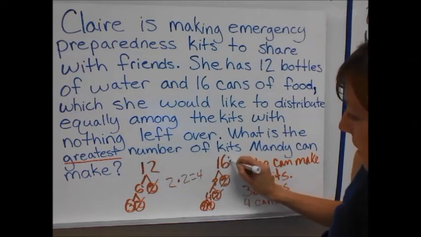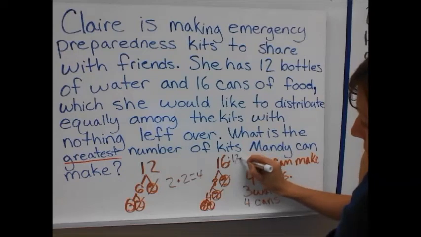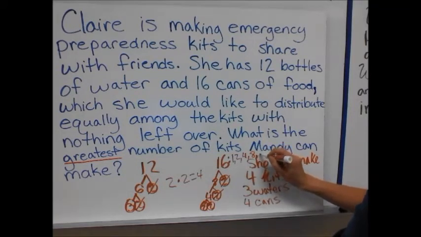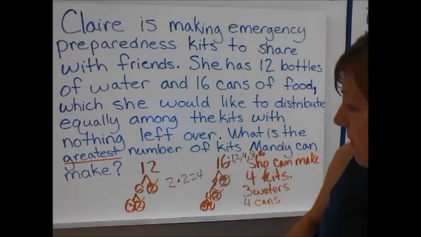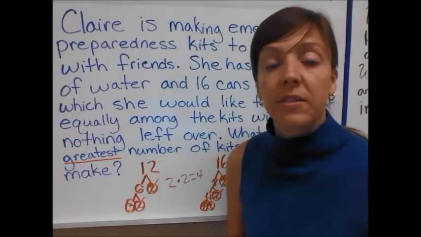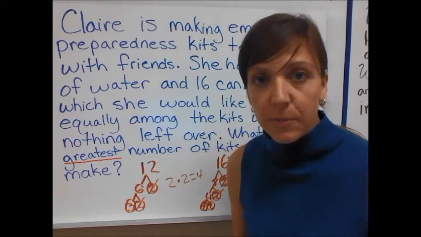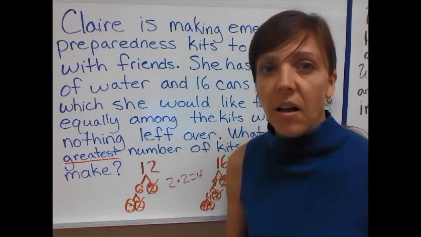For 16, we can list out the factors 1, 2, 4, 8, and 16. So it has 5 factors for 16. But each number has just a specific amount of factors, and that's all. It's not infinite.